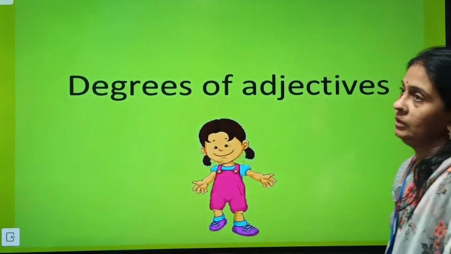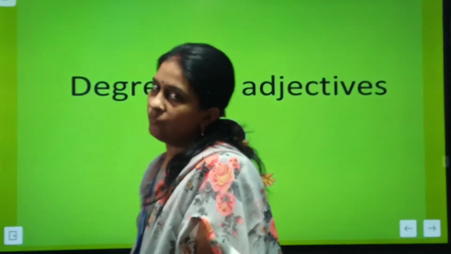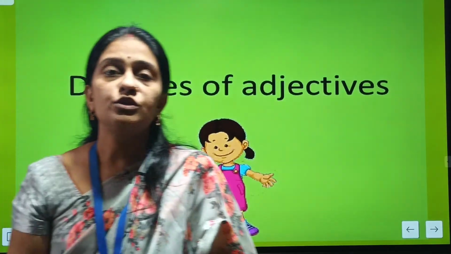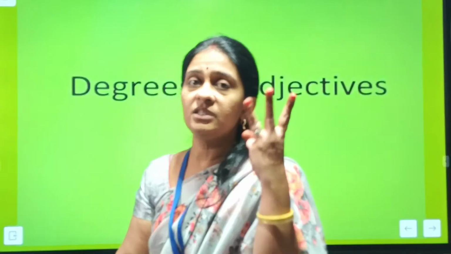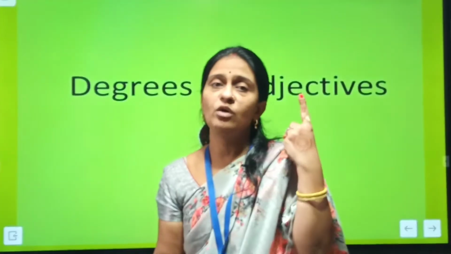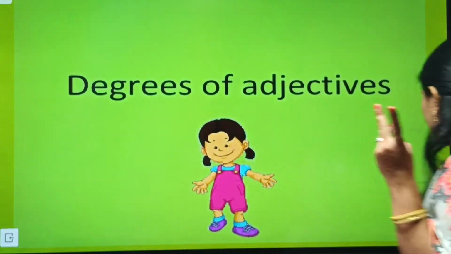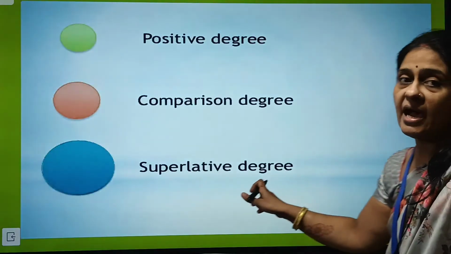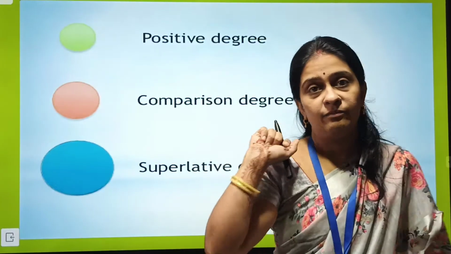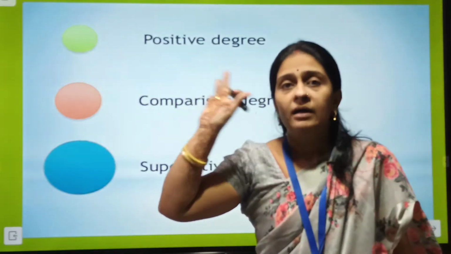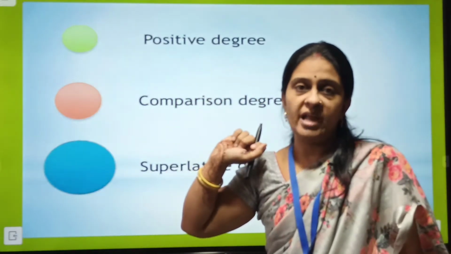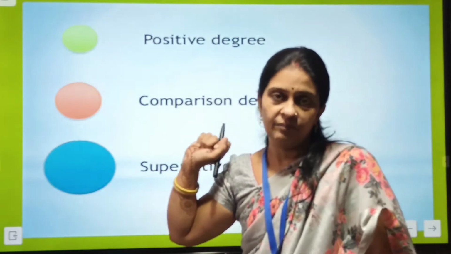Now, after the types of adjectives, we have also discussed the degrees of adjectives, and we have studied the three types of degrees. One was positive, second comparative, and the third is superlative. Positive, when we are giving any positive describing words to any person, place, animal, or thing. Fine.